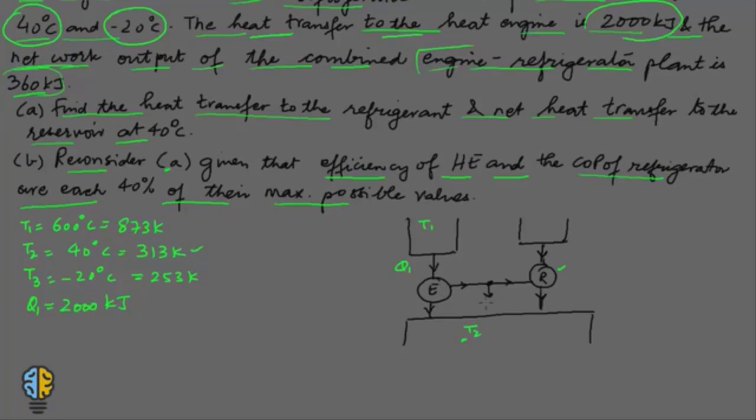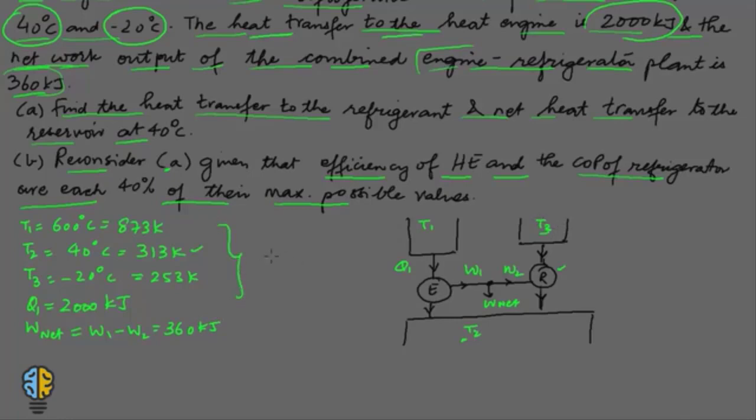So this work comes as a net work output. This is W1, this is W2, and the difference between W1 and W2 is 360 kilojoules, and this is T3.